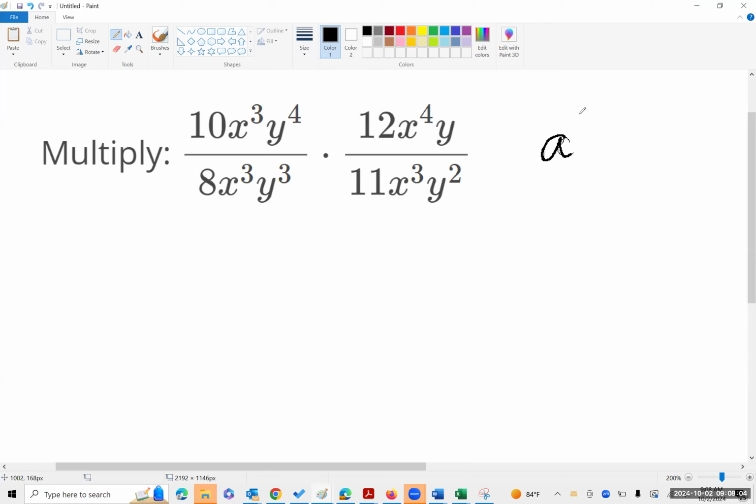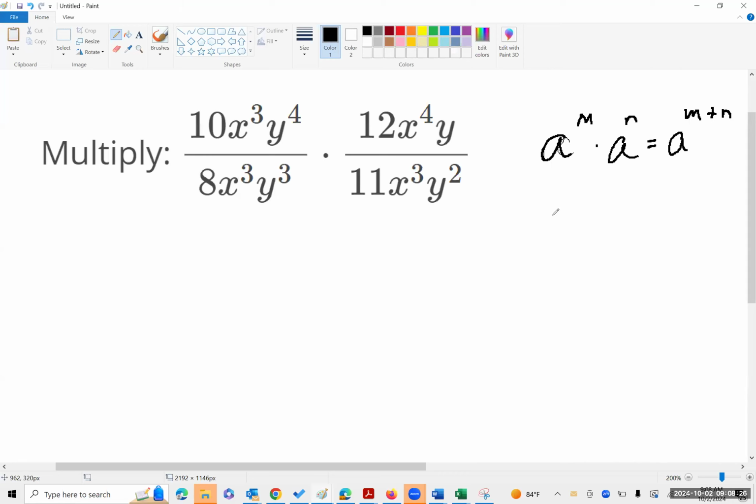A to the m times a to the n is a to the m plus n. So if they have the same base, we're going to add the exponents.